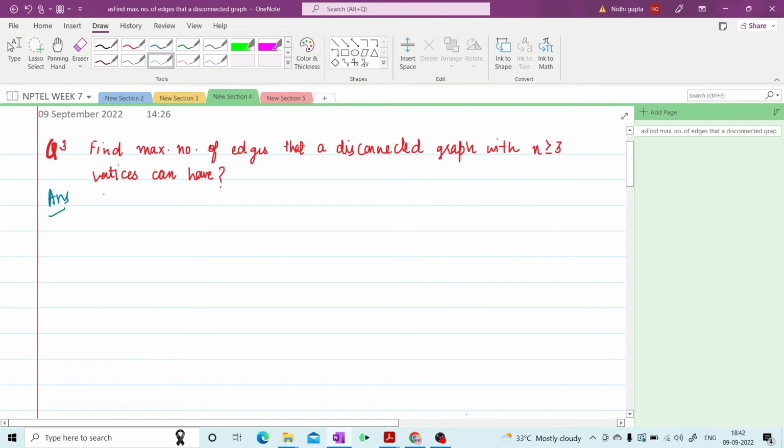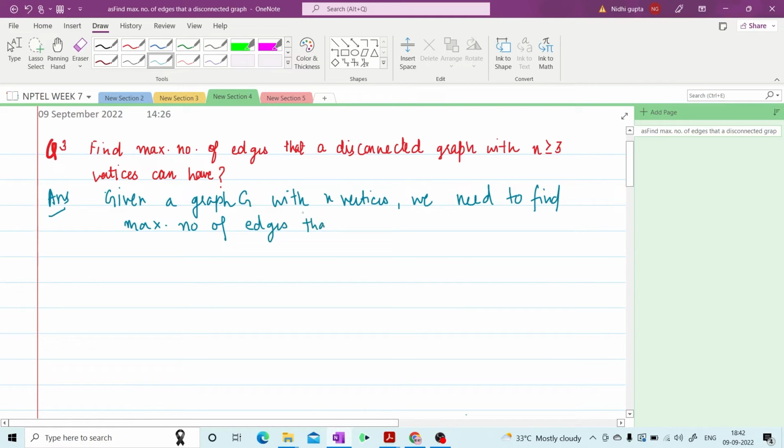So we are given a graph G with n vertices, a disconnected graph, and we need to find the maximum number of edges that G can have.